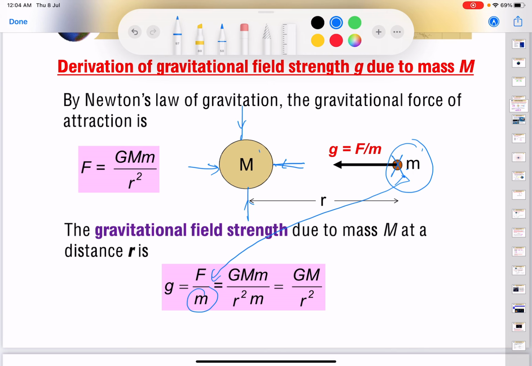So this g here is the gravitational field strength due to mass M. That's how you figure out which mass to divide by. Take note that this final form has capital M here, but no small m. The gravitational field strength is set up by the big M, not the small m.